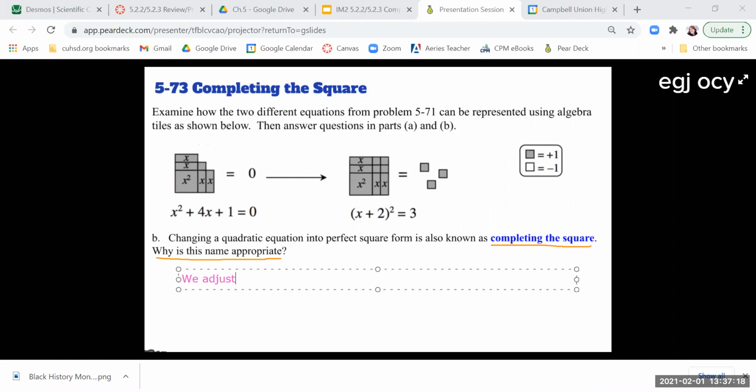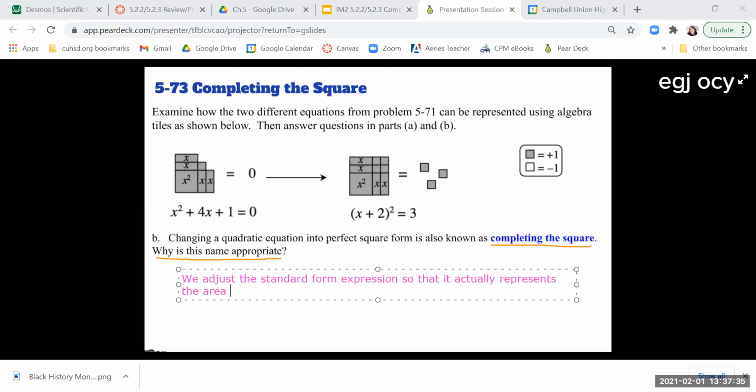Or we adjust the standard form expression so that it actually represents the area of a perfect square.